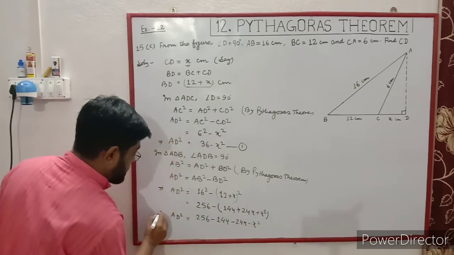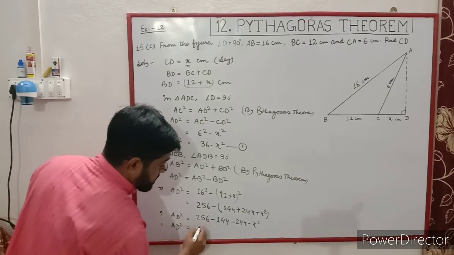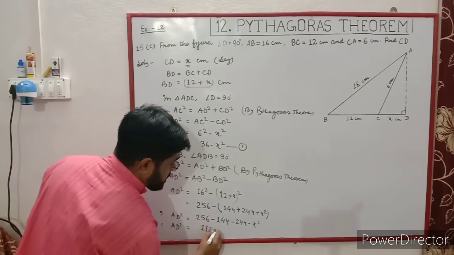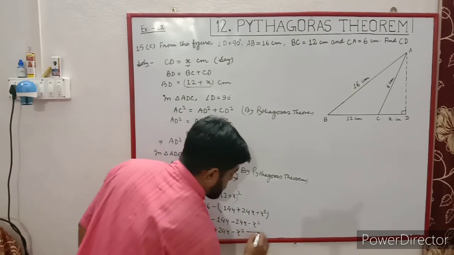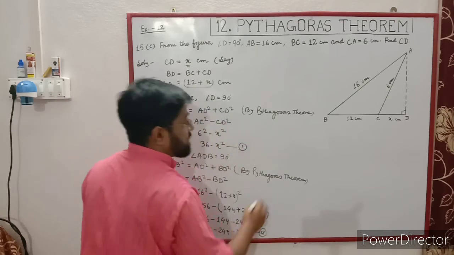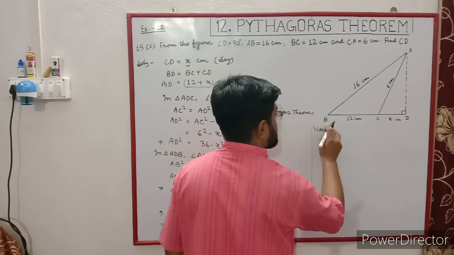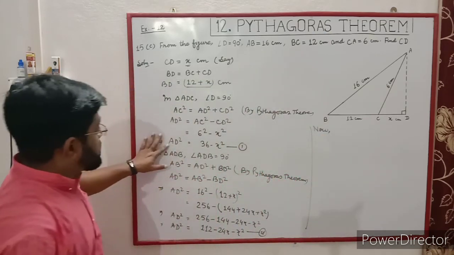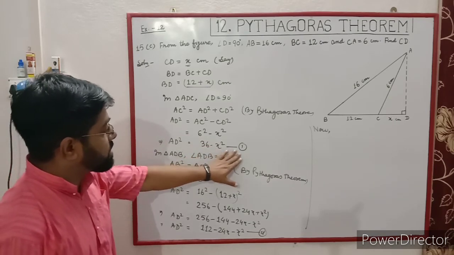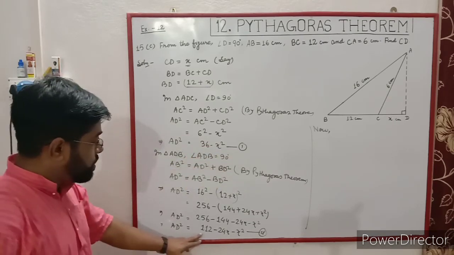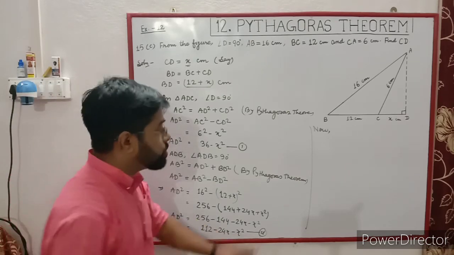Remove the small bracket, sign will be changed. Now AD square is equal to 112 minus 24x minus x square. We assume equation number second. Now AD square is equal to 36 minus x square, it is given in equation first, and here AD square is equal to 112 minus 24x minus x square, it is given in equation 2.